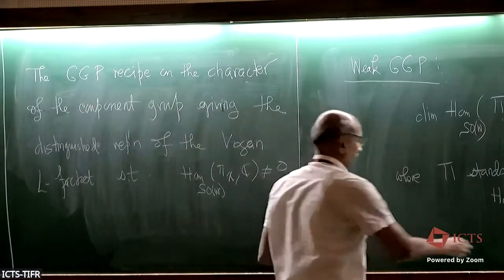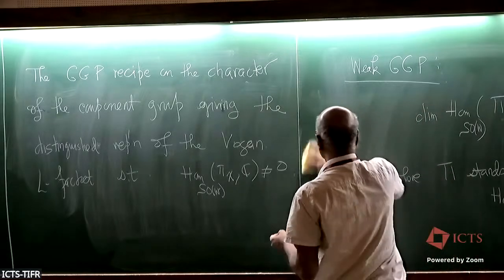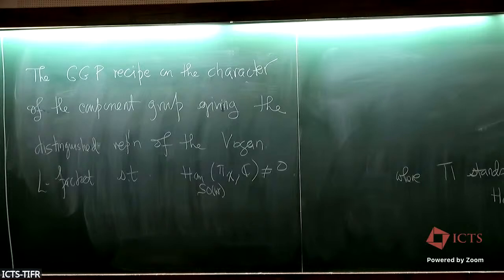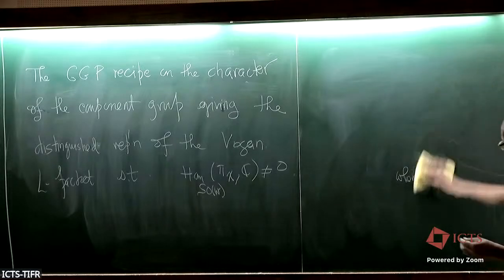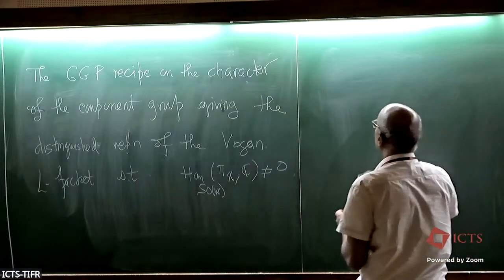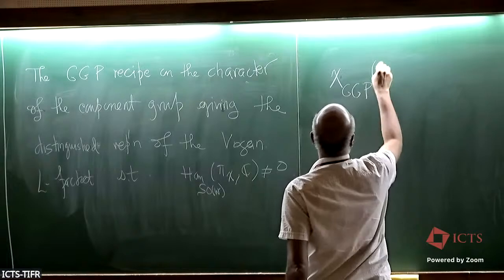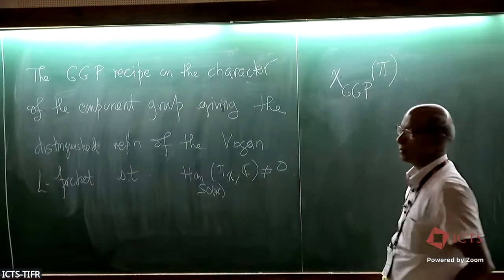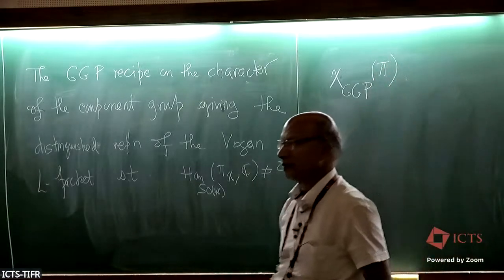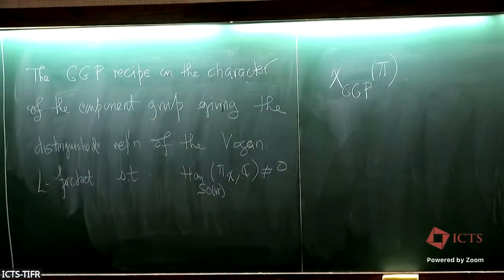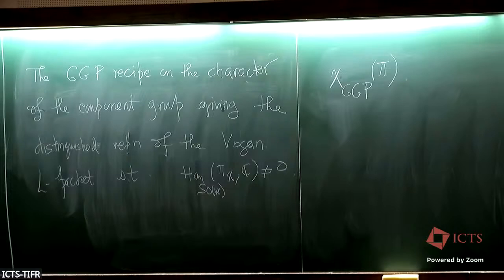Now we have to give this chi, and let's call it chi_GGP of pi. So this chi_GGP of pi is a character on the component group.